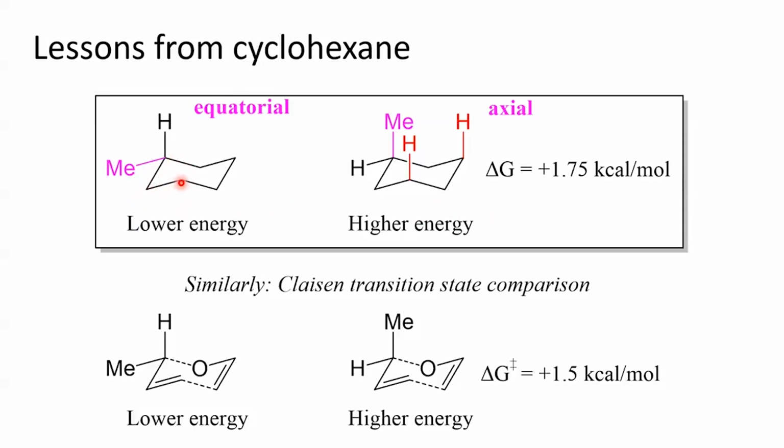Now, if we imagine our cyclohexane in the chair conformation instead as a Claisen transition state, we can understand that if we have a similar situation where we have a methyl group either in an equatorial position or in an axial position, the methyl group in the equatorial position will be lower in energy if all other factors are the same. So what that means is a reaction proceeding by this transition state will be easier to effect than a reaction that proceeds by this higher energy transition state. We would expect this to be a major product while this would be a minor product.